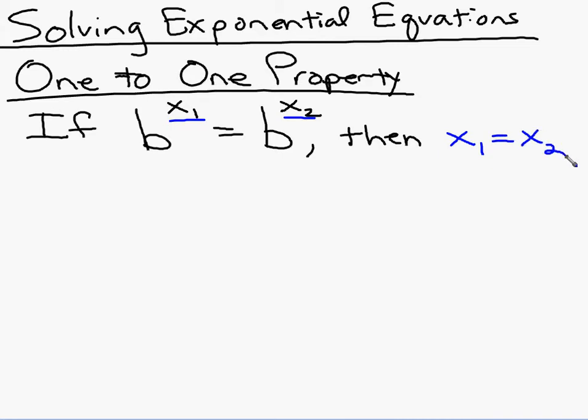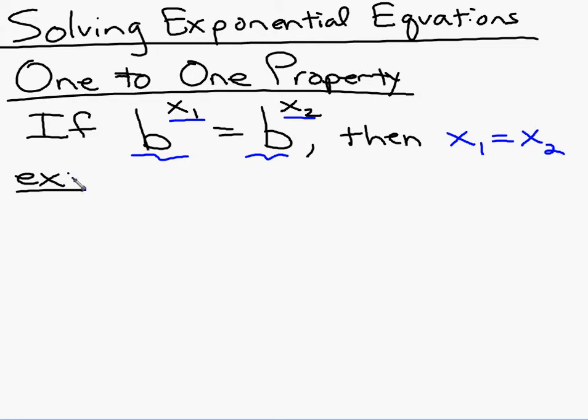Whatever those exponents are up there, if I have an equation and the bases are the same thing, and that's the key, the bases have to be the same thing, then you can just drop that and set the exponents equal to each other. So, let's see how this is going to look.